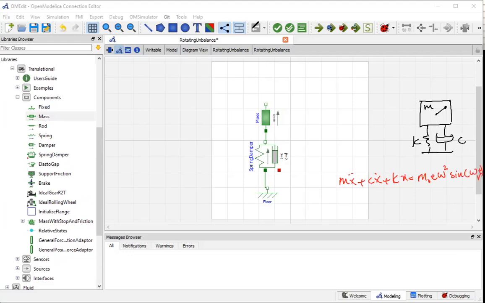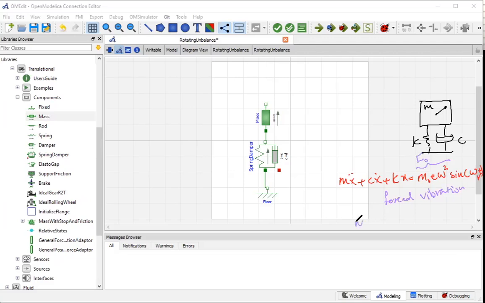Omega r being the frequency of excitation, m naught e omega squared was basically the amplitude of the excitation. So this is just the forced vibration, and that's how we solve this equation of motion. If you remember, we said you take that as F naught.